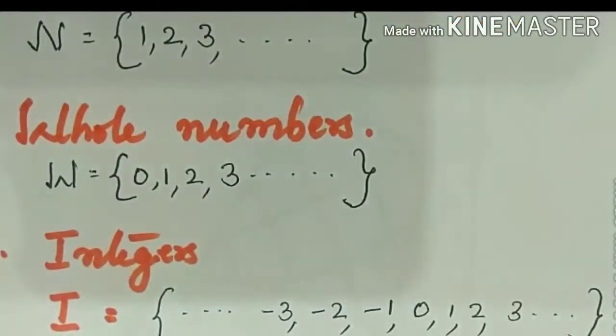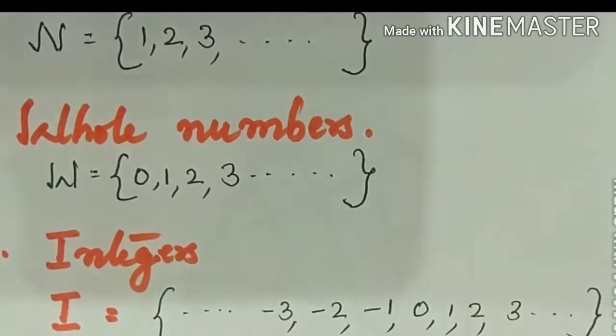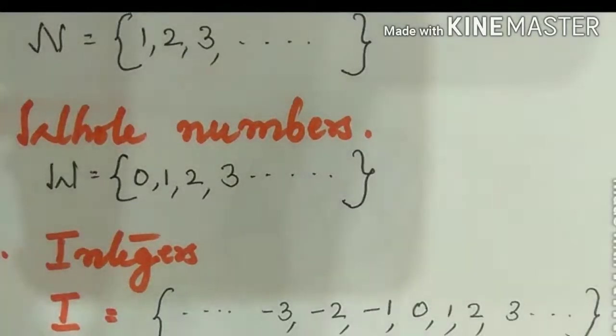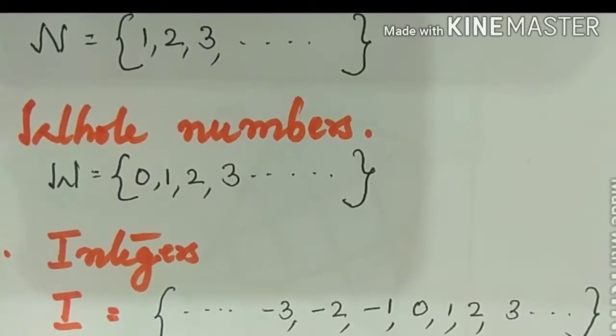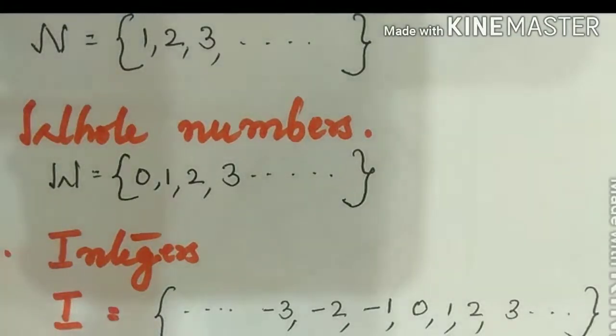Next, let us learn integers. In order to understand the concept of integers, we have to know the number line. On the number line, at the center there is 0. On the left side, there are negative numbers, and on the right side there are positive numbers.